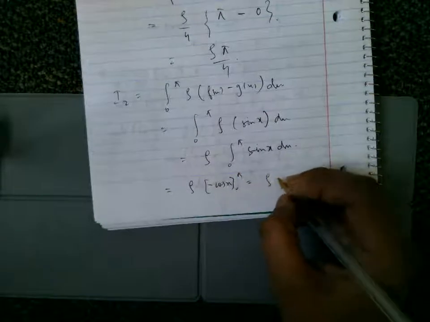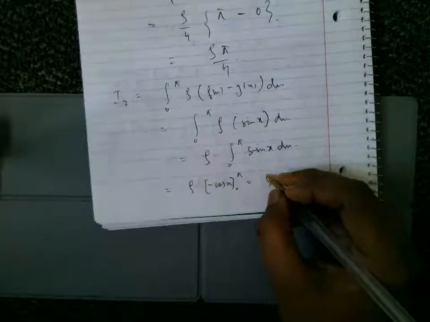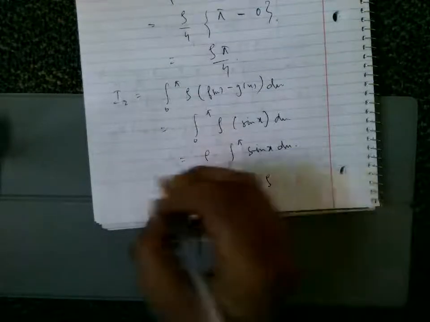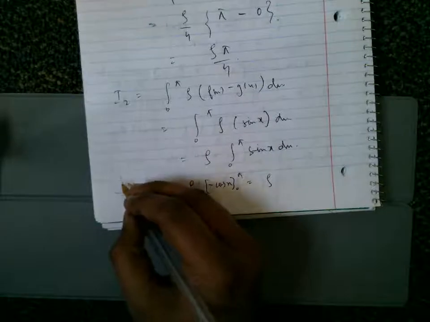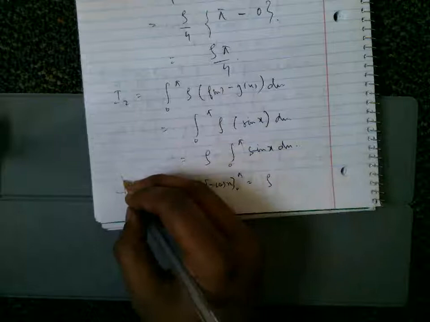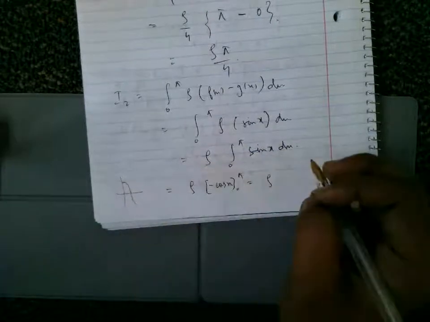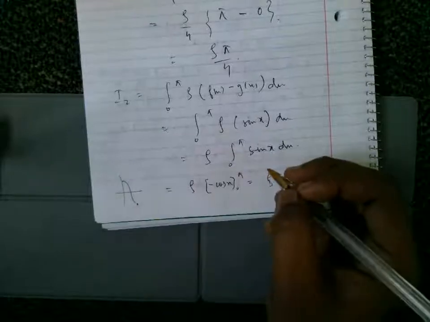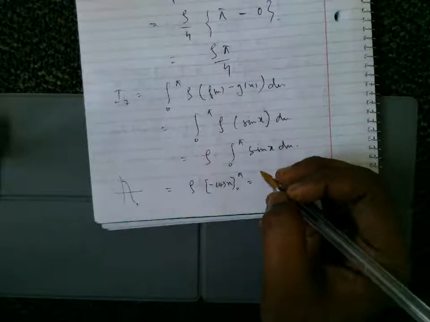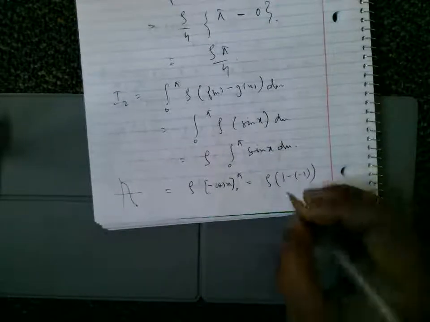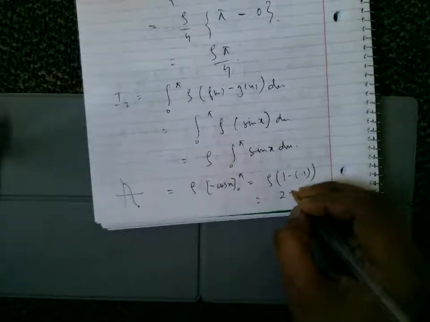So this is equal to rho times cos pi is minus 1. So you have 1 minus cos 0 is 1. So this is going to be minus 1. So this is going to be 1 minus minus 1. So this is equal to 2 rho.